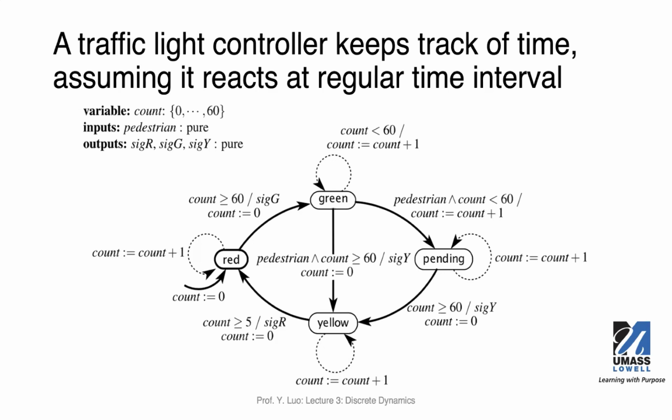So the pedestrian could arrive any time, even between the clock ticks. It may happen that a pedestrian arrives even before you count up the time or reset the time. So there's uncertainty of this input signal in terms of time.